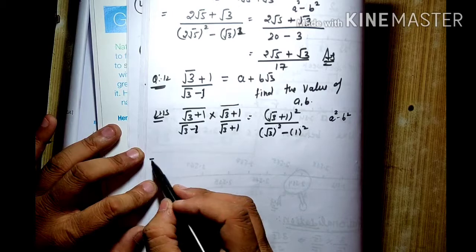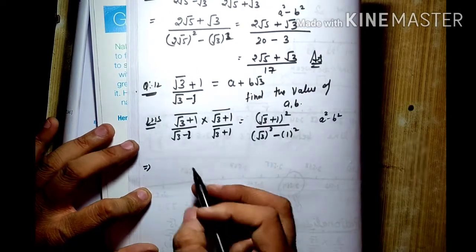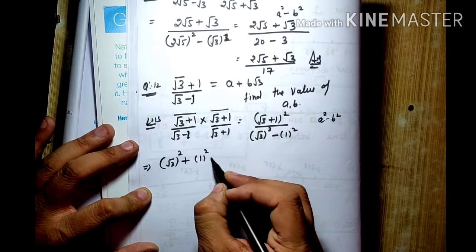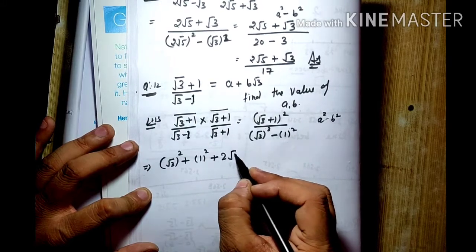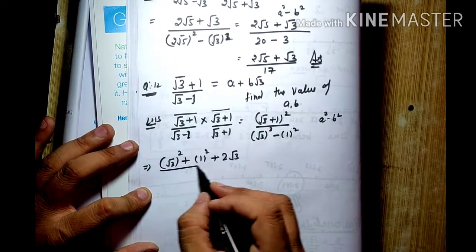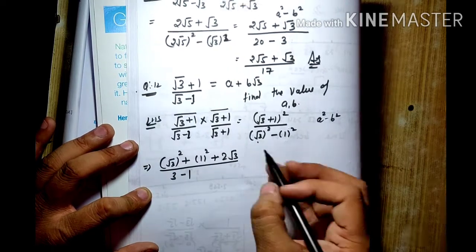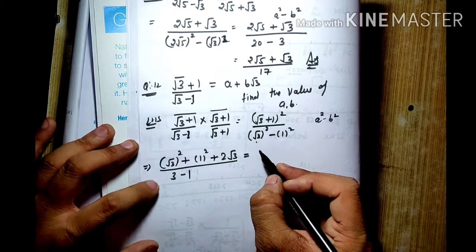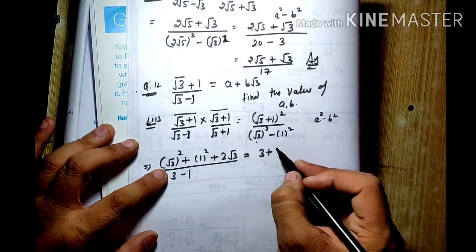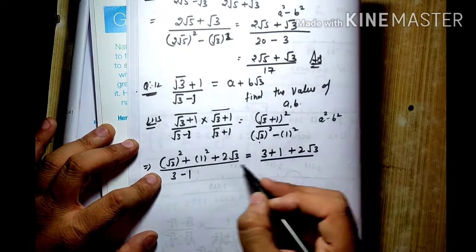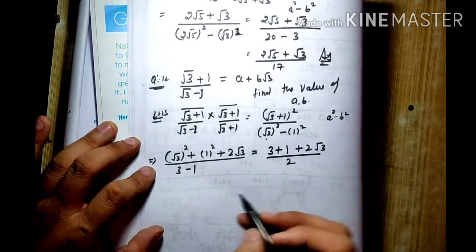Now open the formula a plus b whole square, that would be root 3 square plus 1 square plus 2 root 3 upon root 3 square will be 3 and minus 1 will be 1. Root 3 square will be 3, 1 square will be 1 plus 2 root 3 upon 3 minus 1 will be 2.